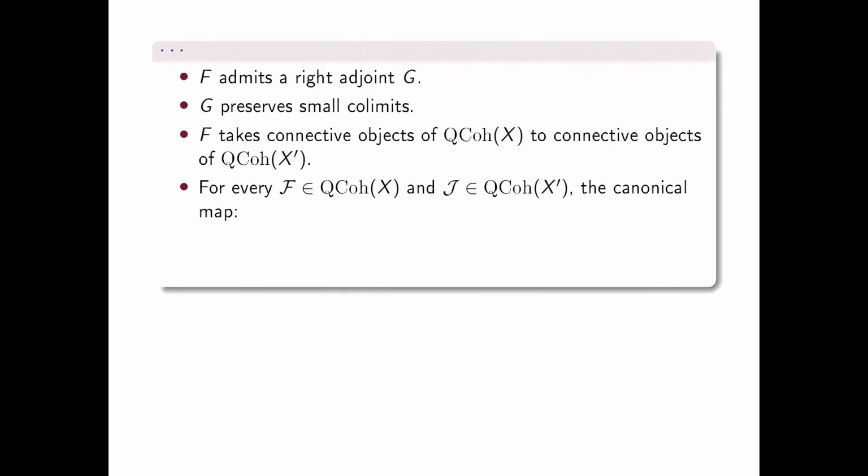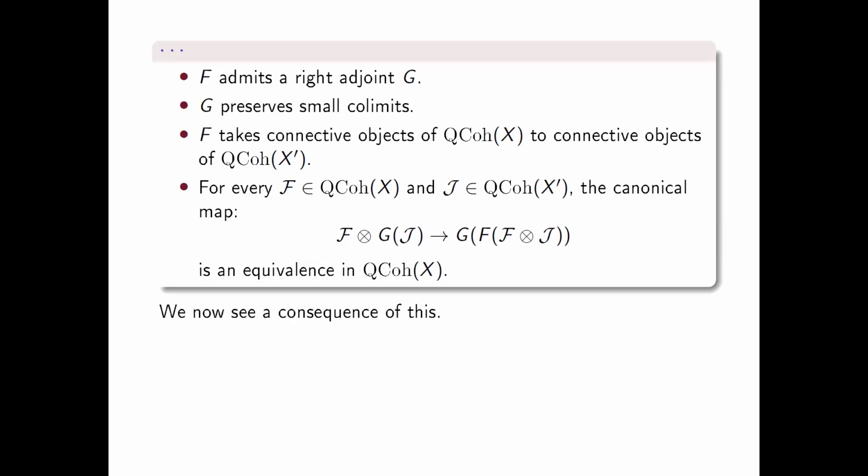And for every quasi-coherent sheaf F on X and J on X dash, this canonical map, F tensor G of J, and G applied, so G is the right adjoint, remember? G applied to F tensor J, this is an equivalence in QCoh of X.